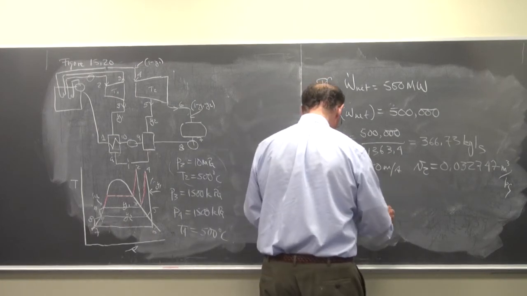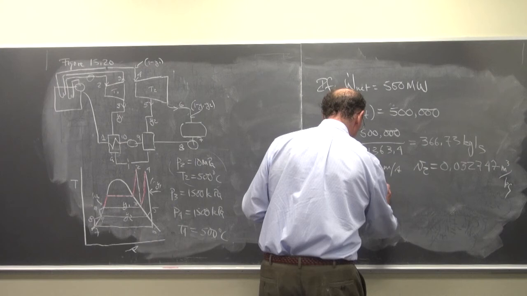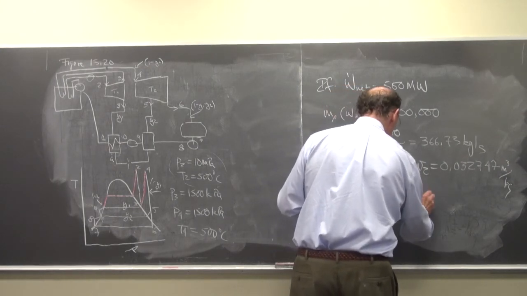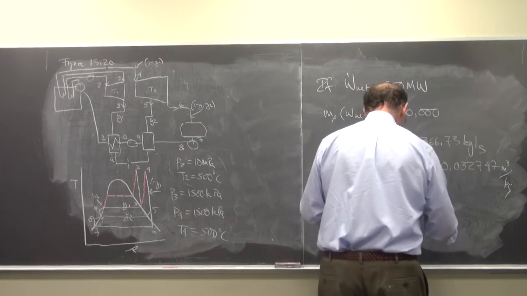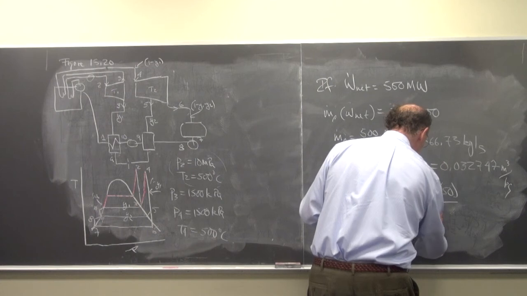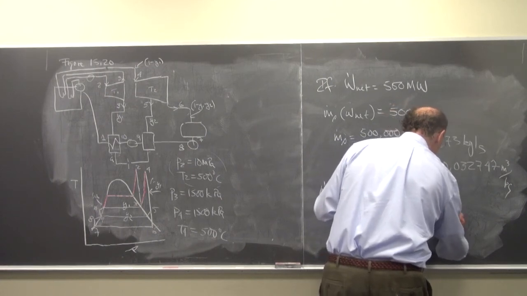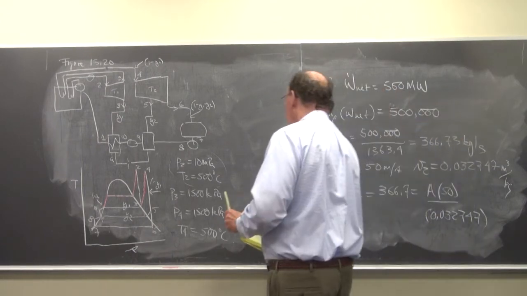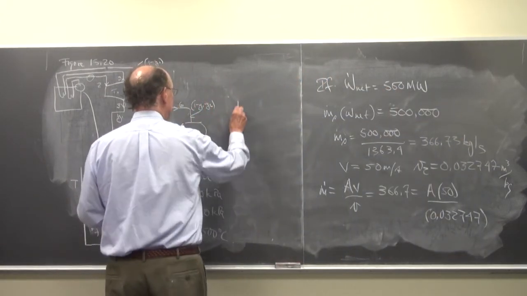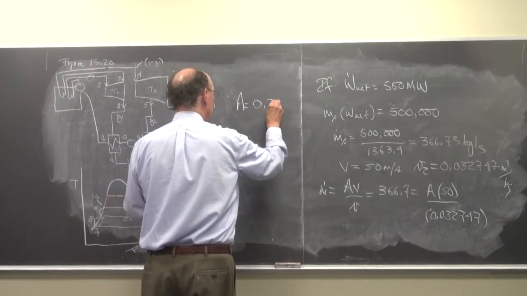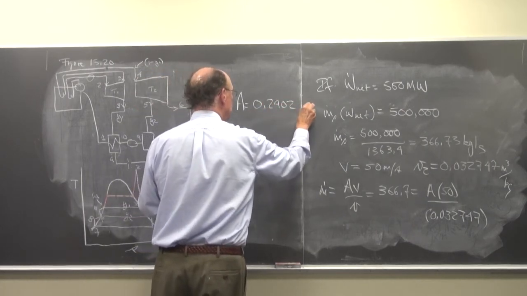So we have 366.7 is equal to A times 50, the velocity, divided by the specific volume, 0.032747. And so then I can find that the area is 0.2402 square meters.